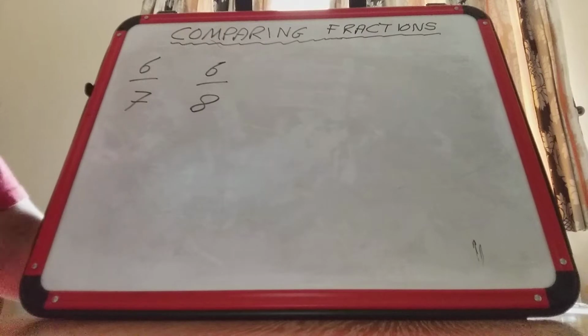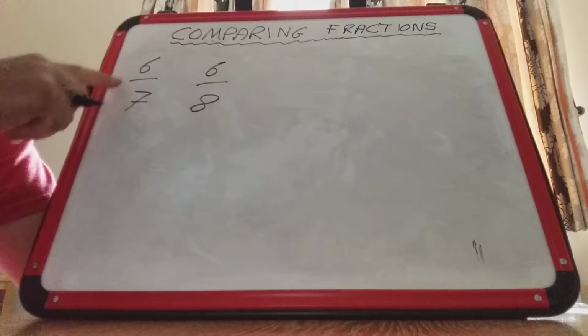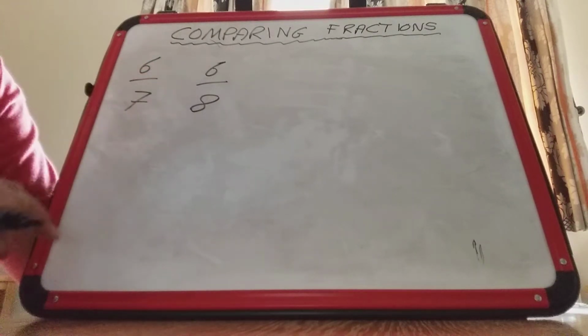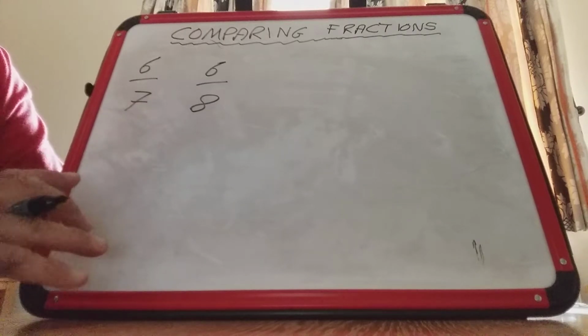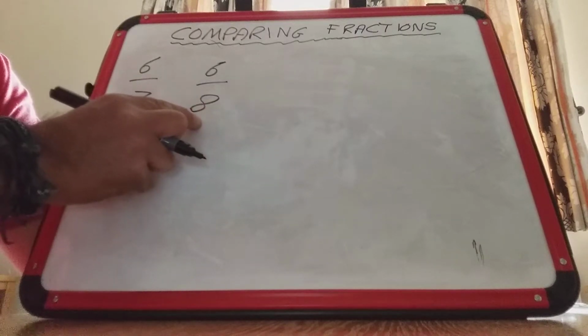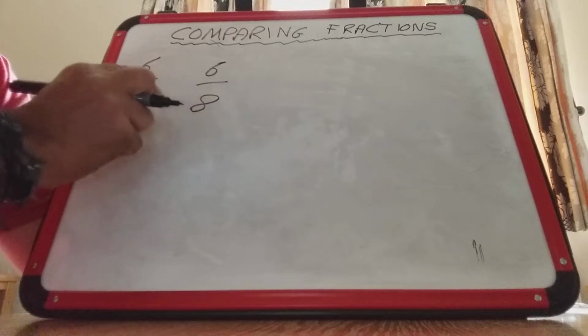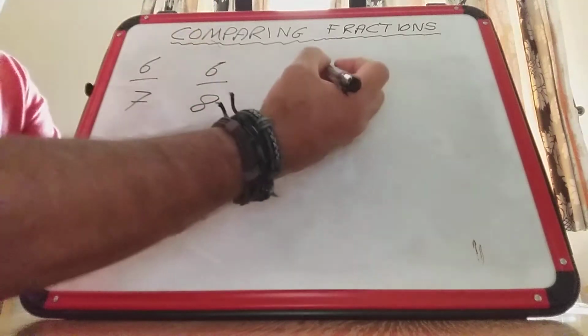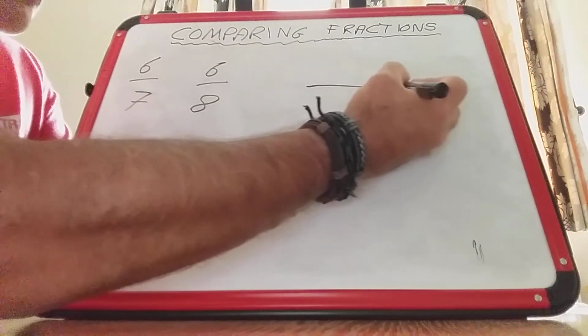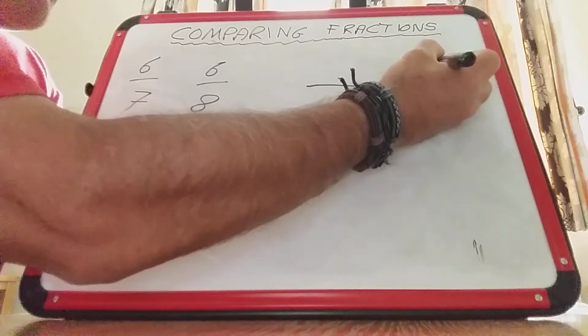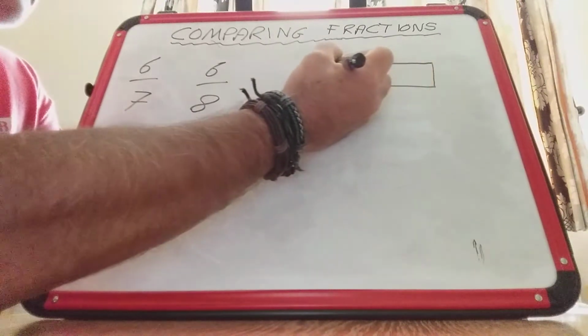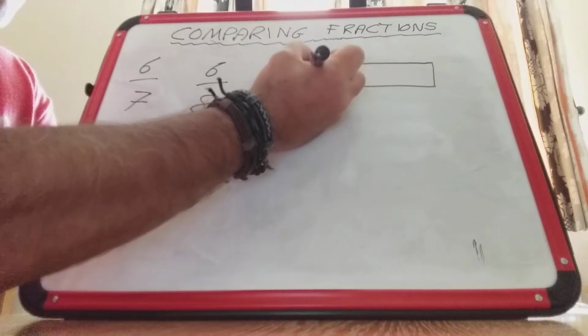Now in the next example, we've got 6/7 and 6/8. Sometimes the examples I give you might be difficult to compare using bar models, but I'm going to show you how you can use part of a bar model to help you.